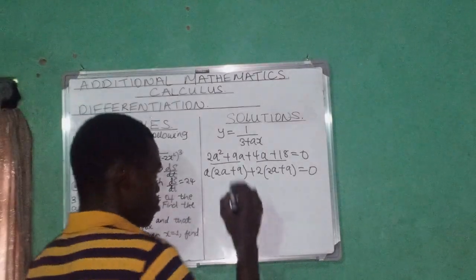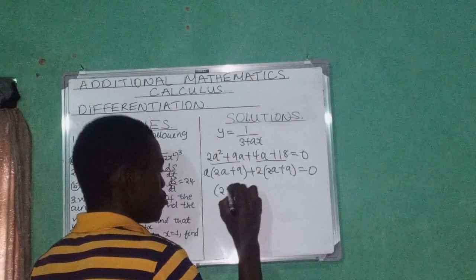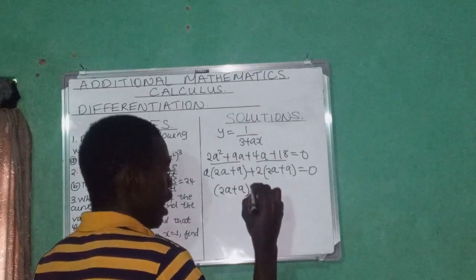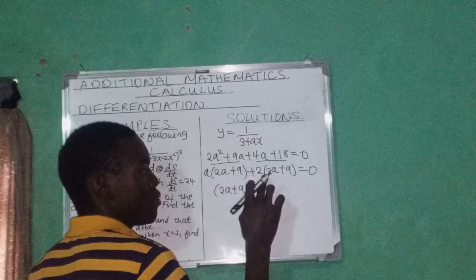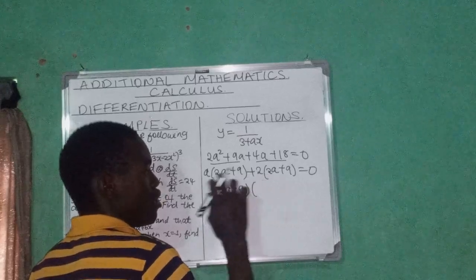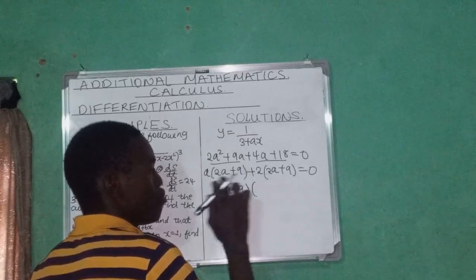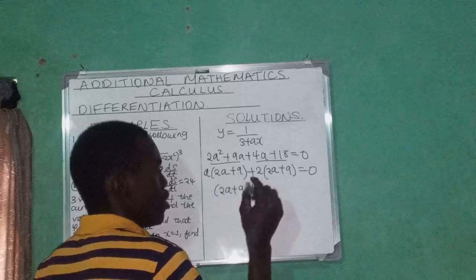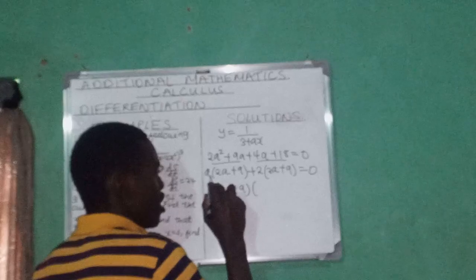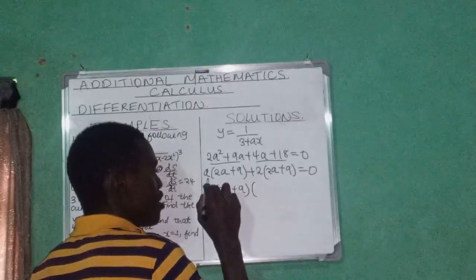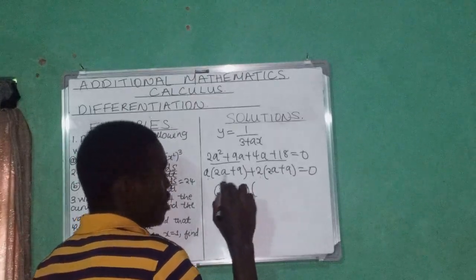So what you do first of all, you write the common bracket 2a plus 9, and then you get these two, this number and this letter which are in front of the brackets. So start with this one here, then you go to this one. You always start here, then you go there. Alright?